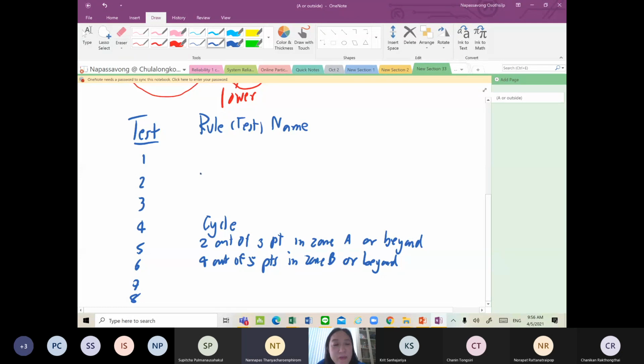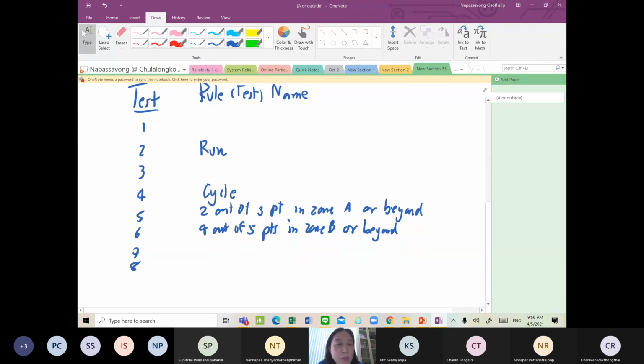Run. Very good, run. And how about rule number 7? Run in zone C. Yeah, very good.